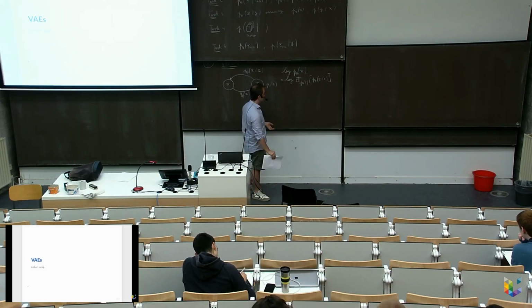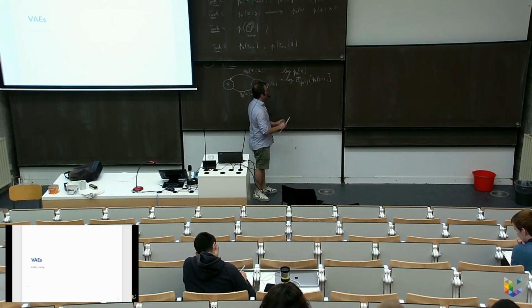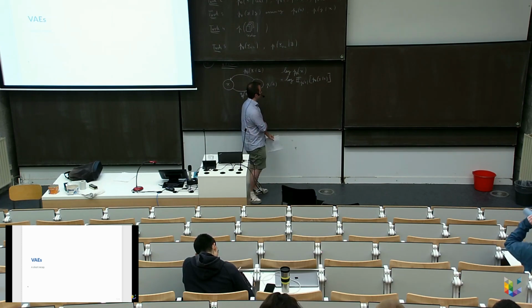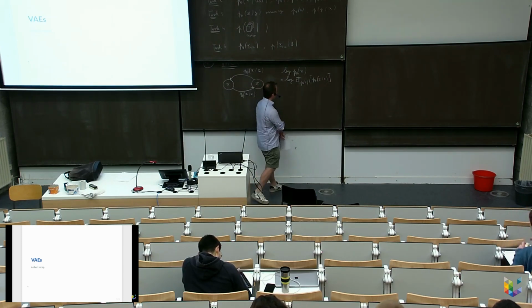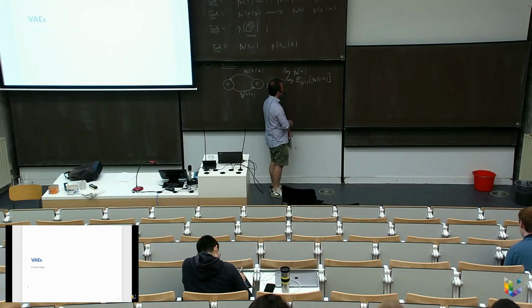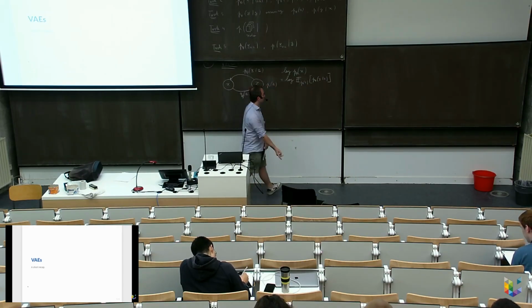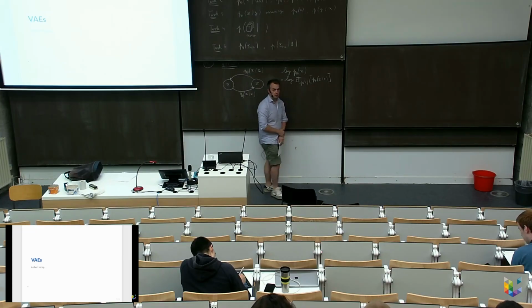We could just say naively, okay, we just do Monte Carlo estimation of the expectation, but the variance and the quality of this estimator would be very poor, because a priori, if you just draw Z's from the prior, it's very unlikely that they would happen to explain the data very well.